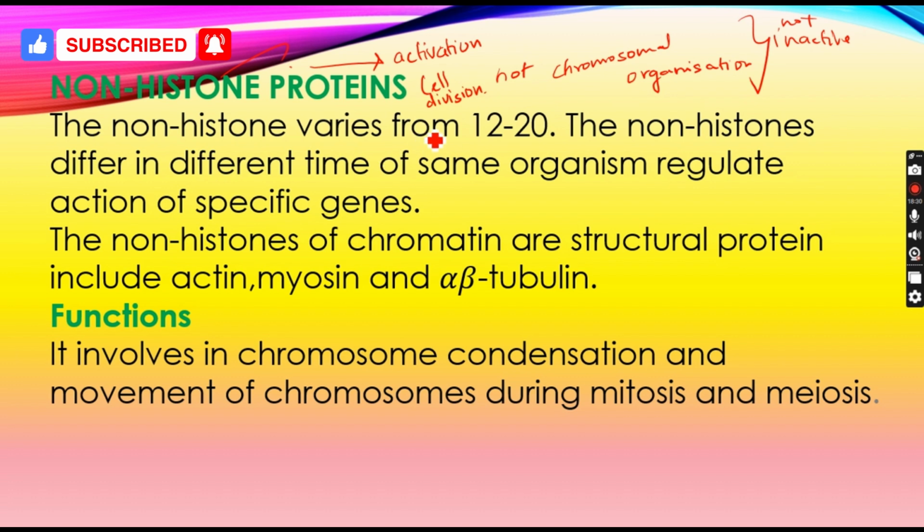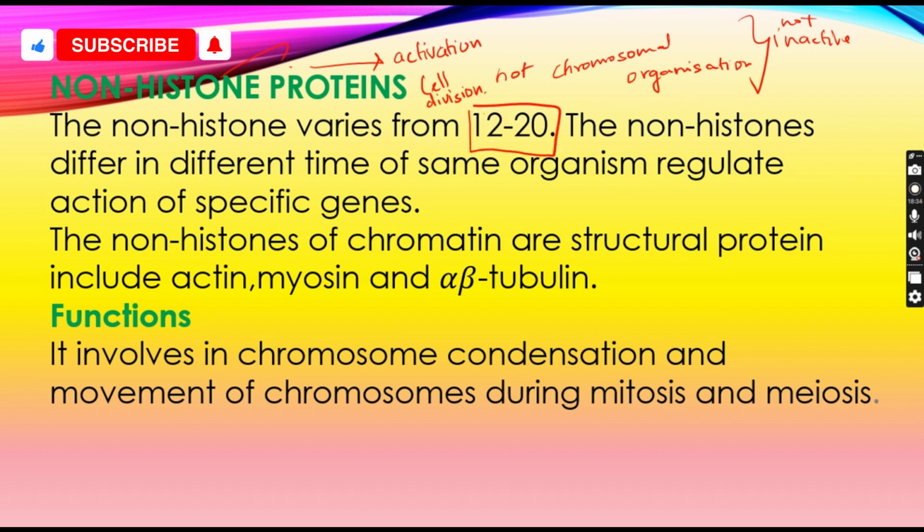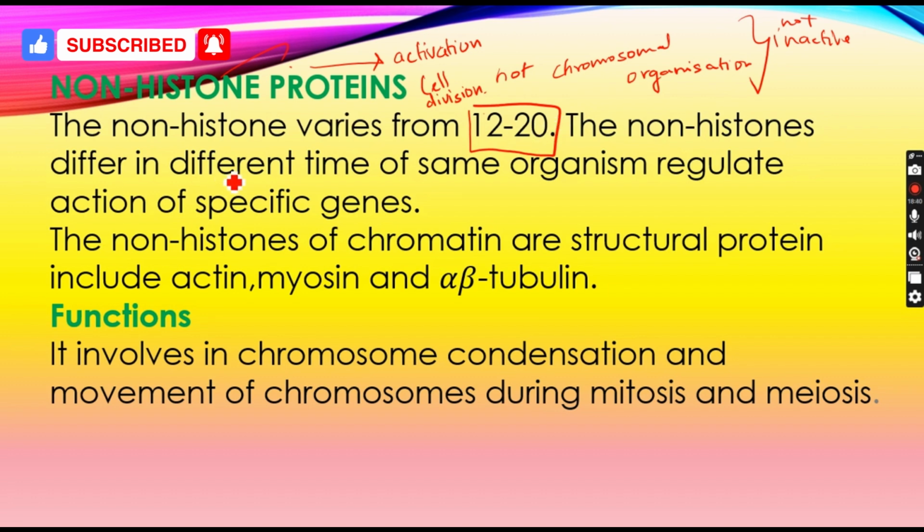The non-histone proteins vary from 12 to 20. As we said, histone proteins form the octamer and H1 is also present, but the non-histone proteins vary from 12 to 20 for each. The non-histone proteins differ based on the condition of the cell.